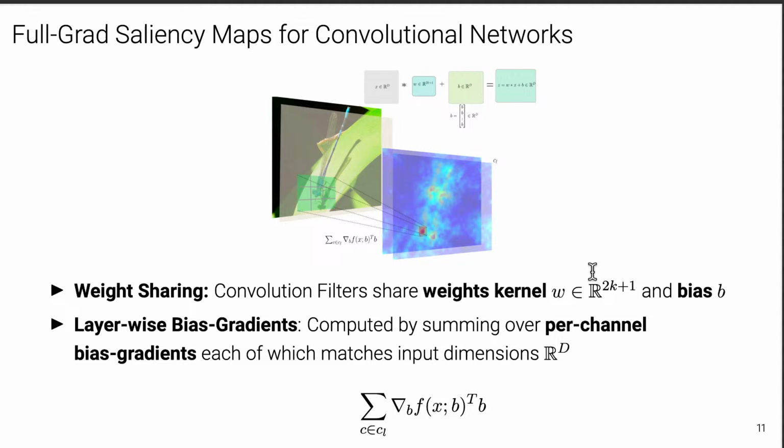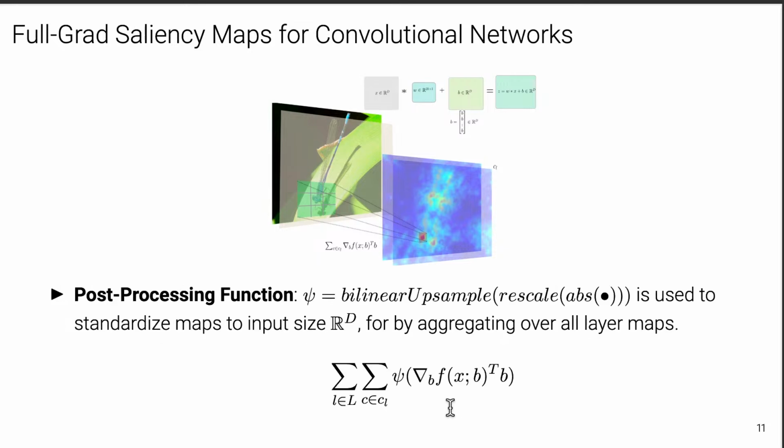Here, when we're not downsampling, we can combine the effect of these bias gradients by adding over all the channels of this particular layer. There might be some issues with the sign, so we're going to do some post-processing on this.